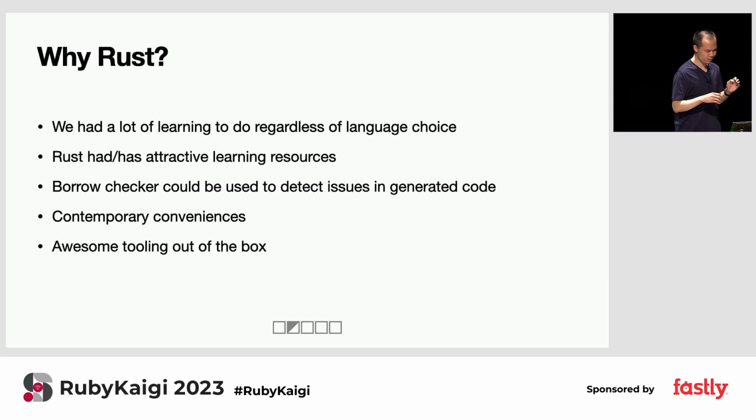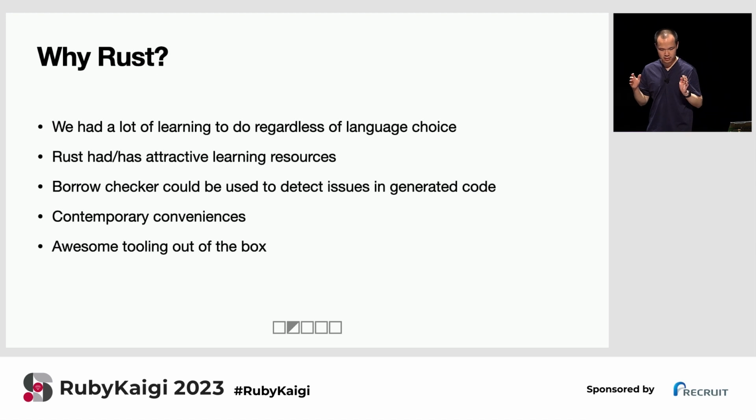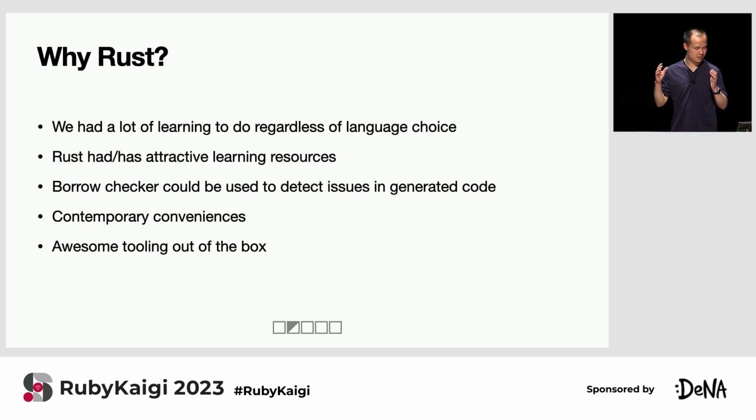Okay, so a bit about why we wanted to use Rust. When we started YJIT, the team was new to C. I had some C experience, but not that much, especially in a JIT compiler context, and the rest of the teammates also didn't have that much experience with C. It seemed like we had a lot of learning to do regardless of the language choice.